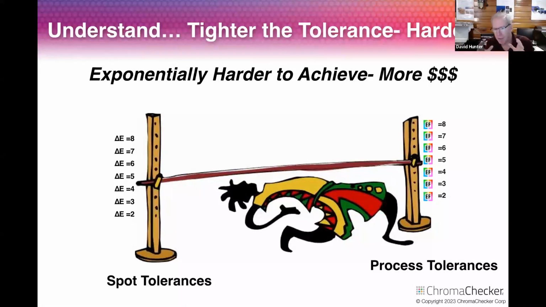And it's important to understand that the lower the tolerance, the exponentially harder it is to achieve as a manufacturer. So, if you're the financial stakeholder of a printer, you might say, oh yeah, as a printer, we want to be a 2. It's like, no, it doesn't work that way, because really very few printing devices, especially manufacturing printing devices, are capable of a 2.